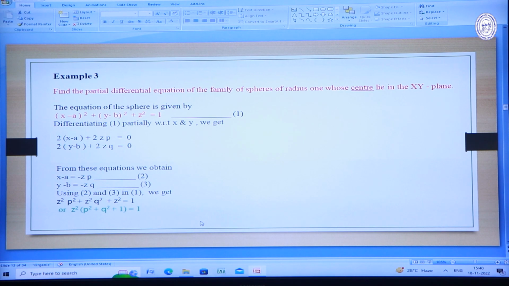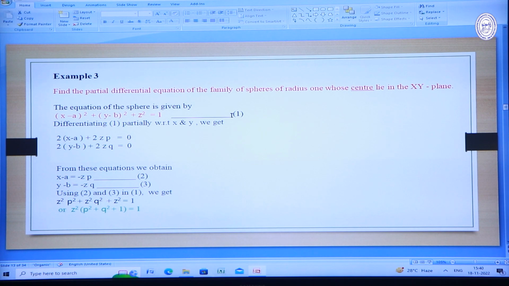Example 3: find the partial differential equation of the family of spheres of radius 1 whose centers lie on the xy plane. We know that the solution of an ordinary differential equation represents a family of curves, and the solution of a partial differential equation represents a sphere.